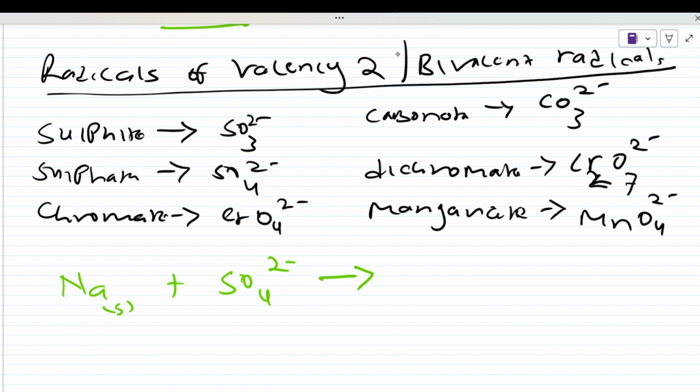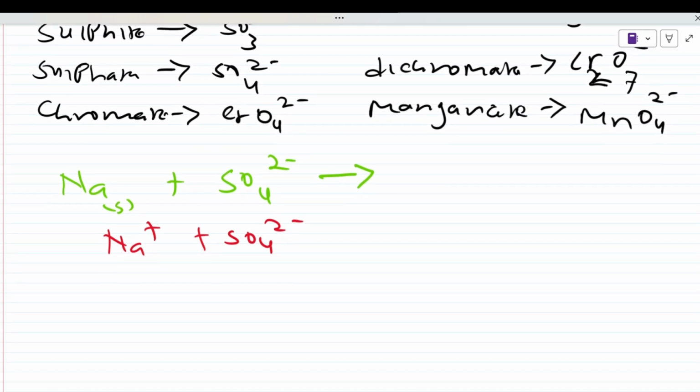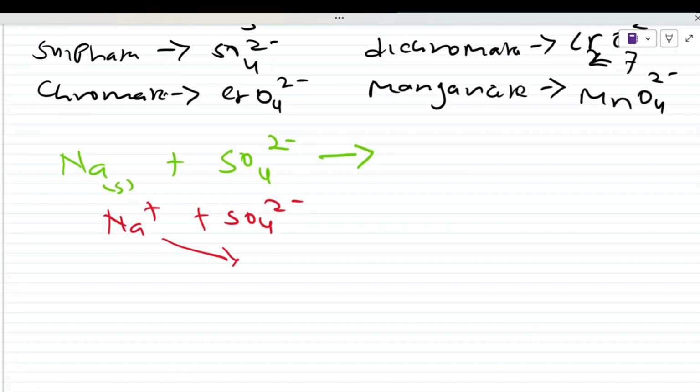So at the end of the day, what I'm going to have is a type of reaction where Na, the positive charge on top, and SO4, the 2 minus, simply interchange their valencies. When they interchange the valencies and charges, now I'm going to have Na2SO4. So that's what I'm going to write on top of my chemical equation here.